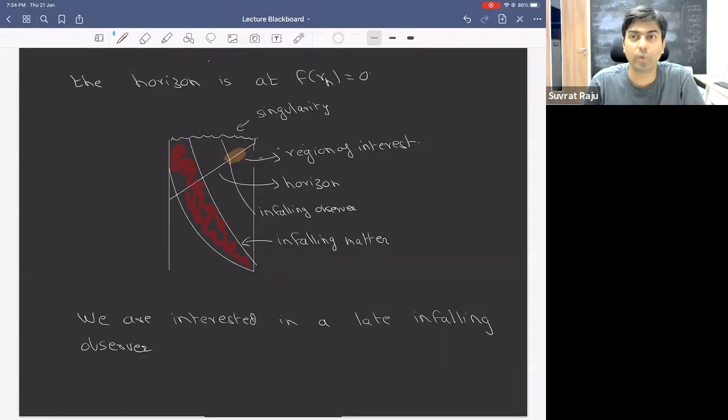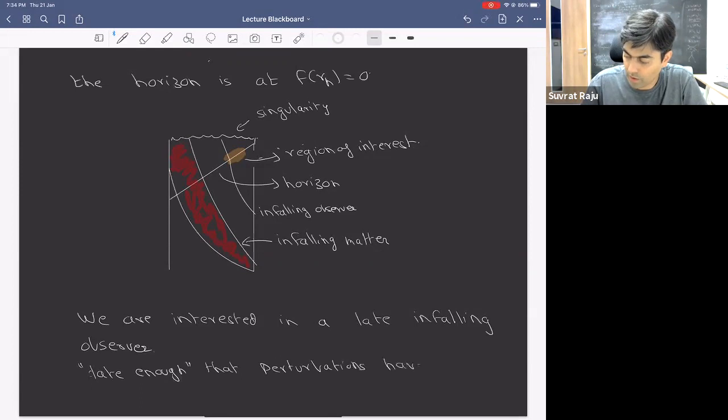But we are only interested in what happens to the observer while the observer is outside and just a little bit inside the horizon. As I said, this late infalling observer is late enough that the effects of infalling matter have died out.